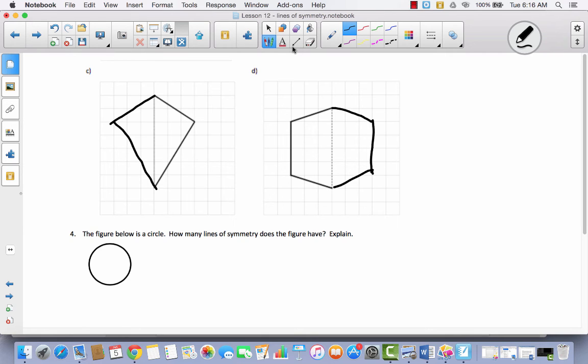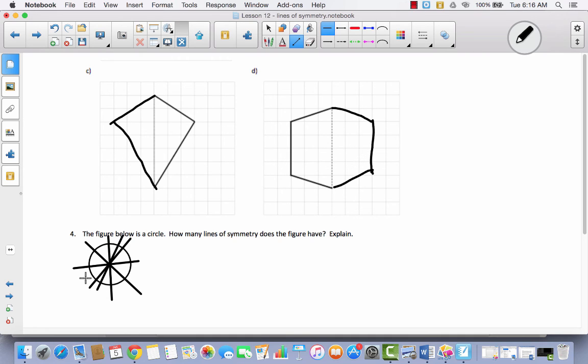Well, if I went to try to draw the lines of symmetry, okay, well, this is a line of symmetry, and this is a line of symmetry, and this is a line of symmetry. What would happen? Could you ever draw all of the lines of symmetry?